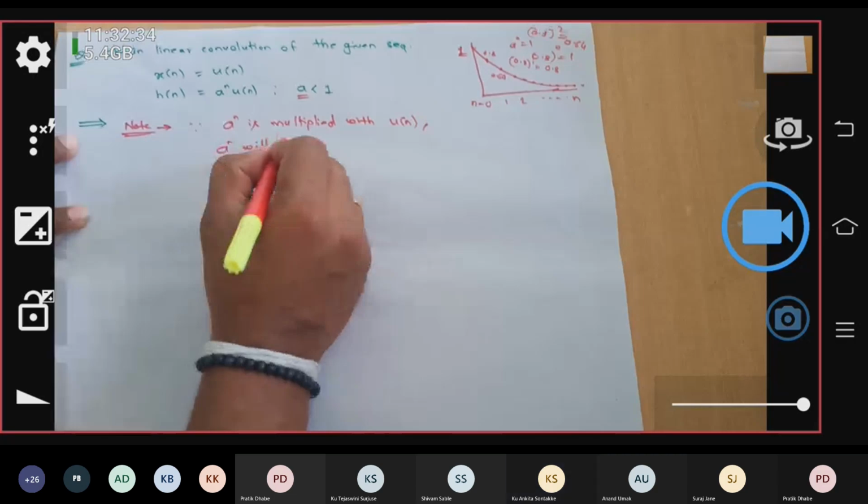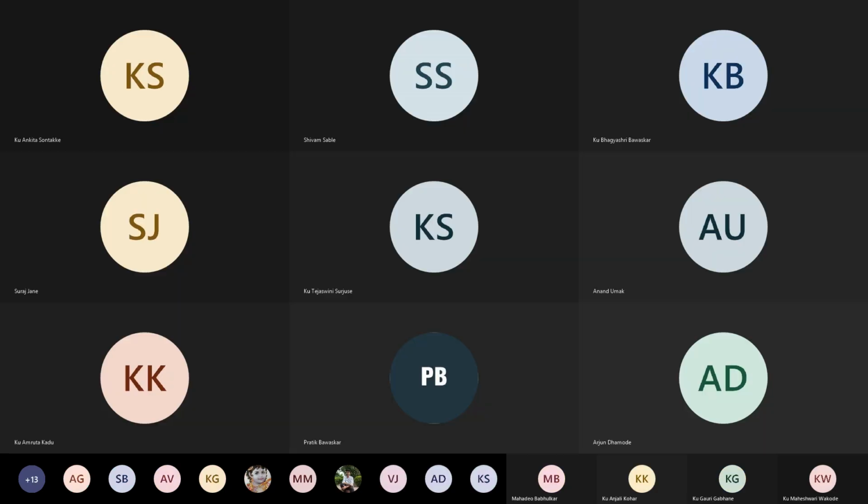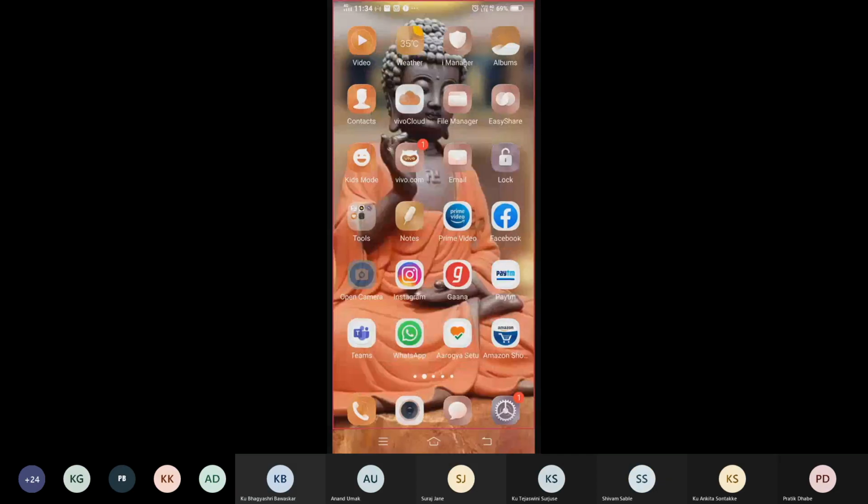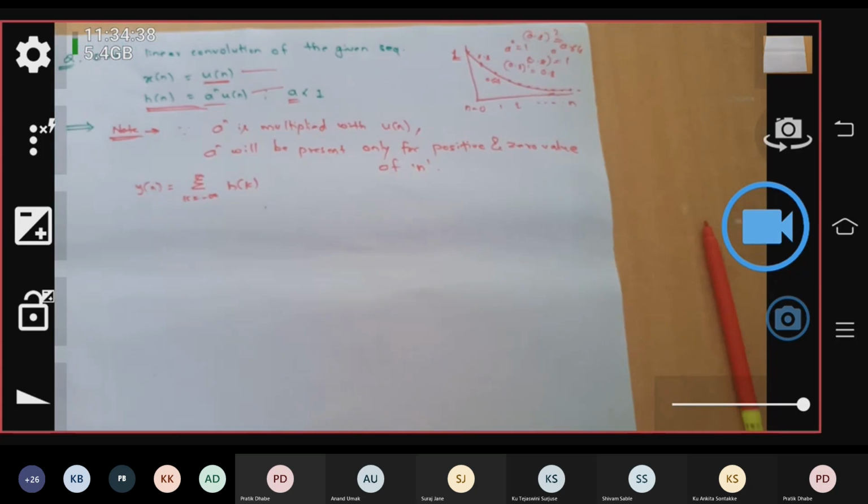It has frozen. Okay. I hope now it is visible.